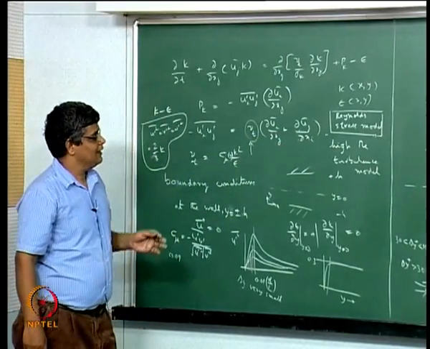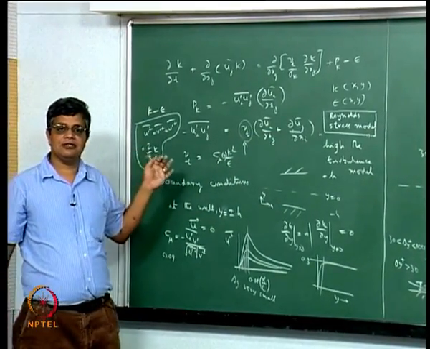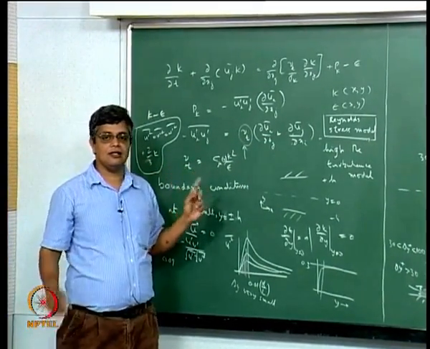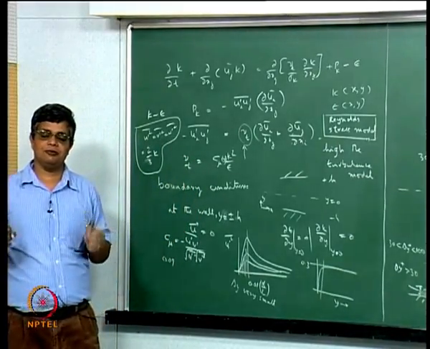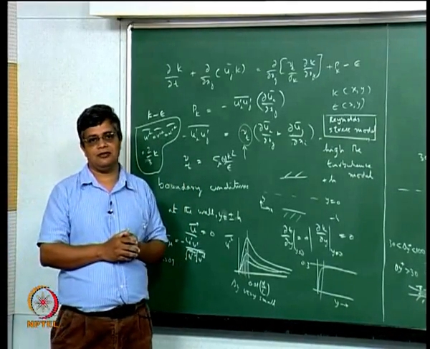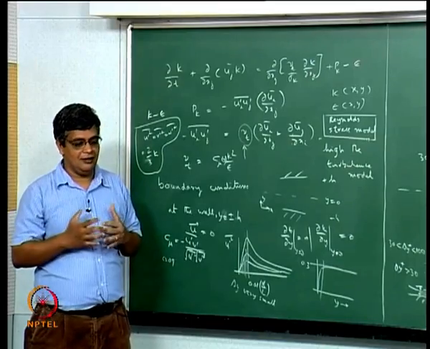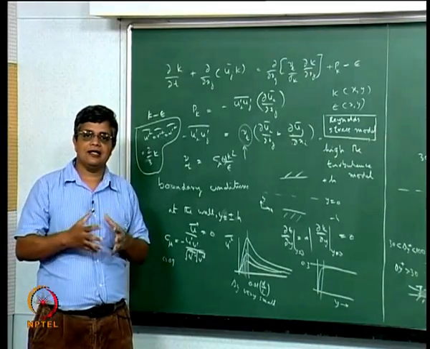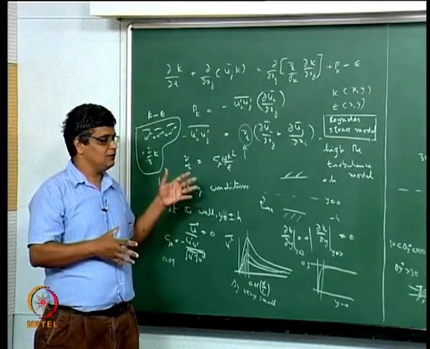Therefore the equations that we are solving for turbulent flow are no longer fundamental equations which have to be obeyed. These are only approximate forms of equations. So we have to be wary of the errors introduced in the modeling when we are looking at turbulent flows.